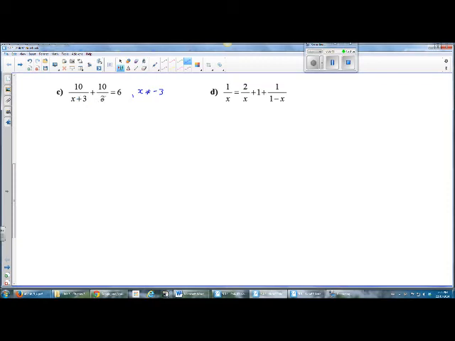Okay, so the thing that we're going to multiply through by, we're going to multiply everything by 3 times the quantity (x plus 3).